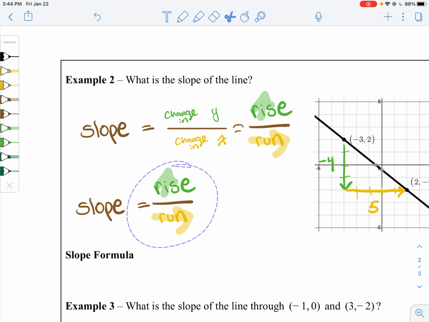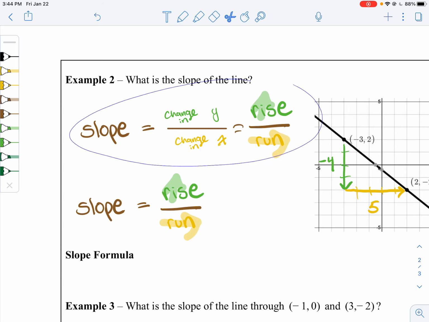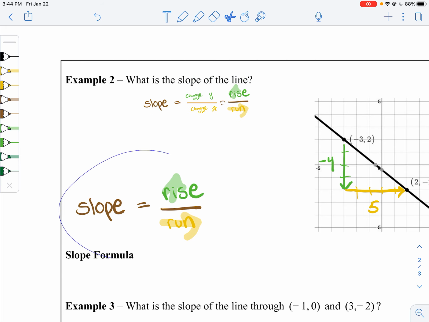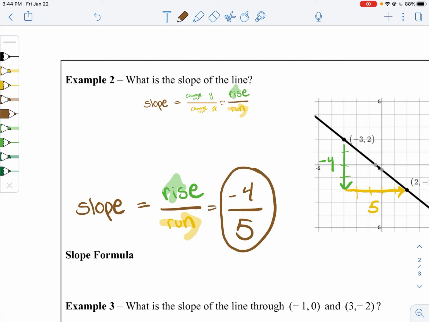That's all you need. Remember it, love it forever. Slope means rise over run. And in this case, our rise was -4. Our run was 5. So our slope is -4/5.